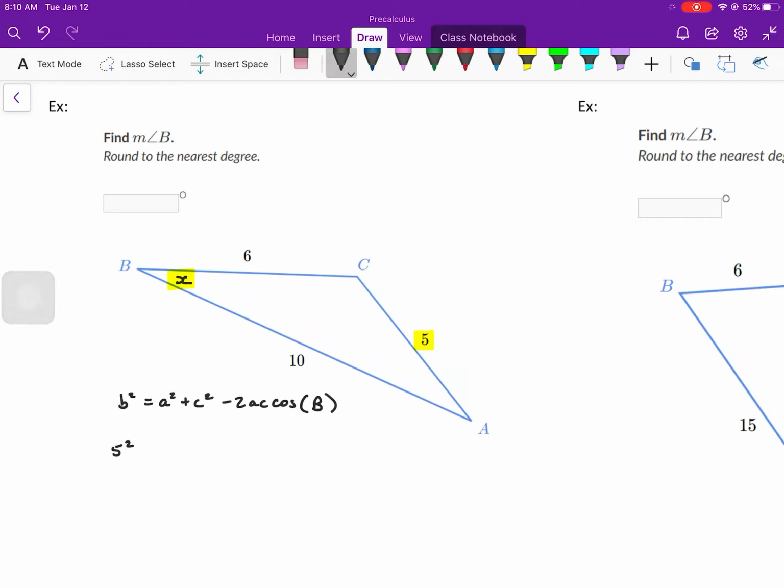So that's going to be 5 squared equals 10 squared plus 6 squared minus 2 times 10 times 6 cosine of B. So that's 136 there, minus 120 cosine of B, and that equals 25.